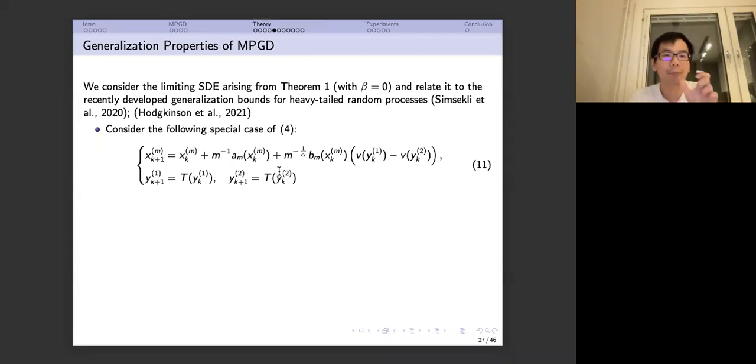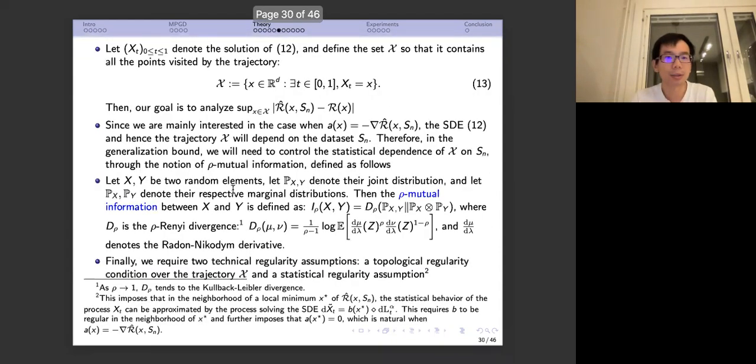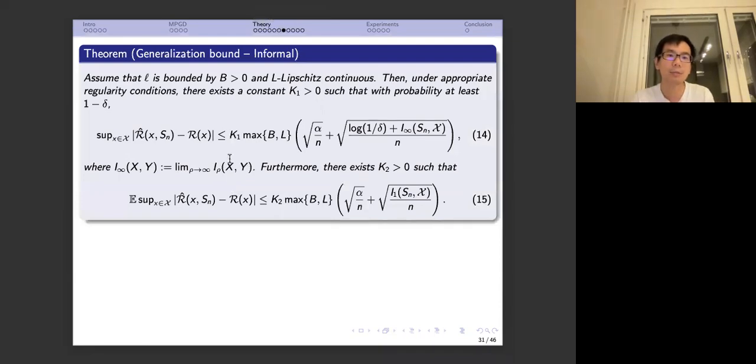Next I want to talk about generalization properties of MPGD through this limiting SDE. The idea is that there's a recent line of work that tried to tie heavy tail processes to generalization of SGD. And we can use this same tool to study generalization properties for our MPGD. Let me skip over all the technical things, but the idea is that you can get an upper bound for the generalization error.